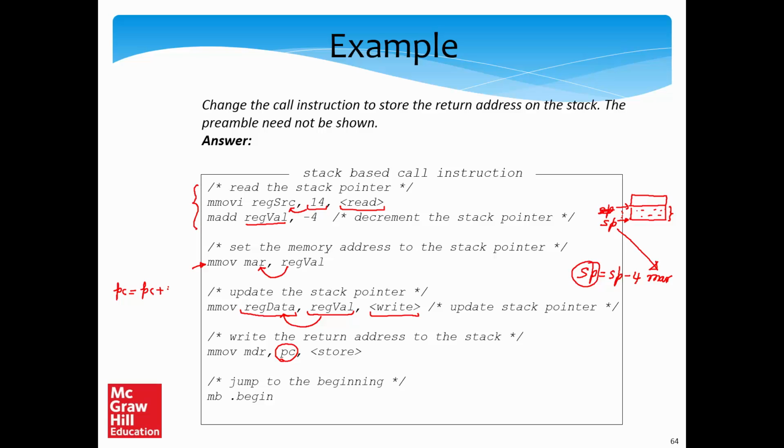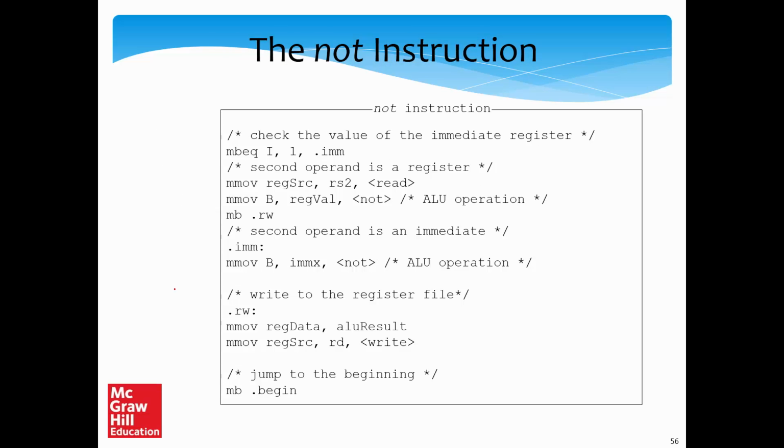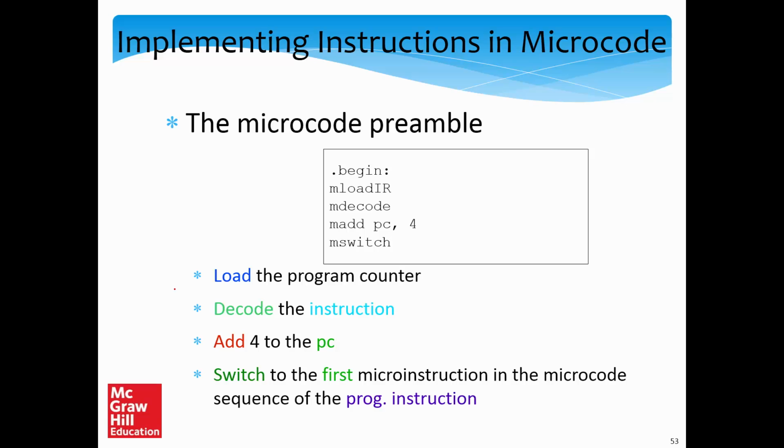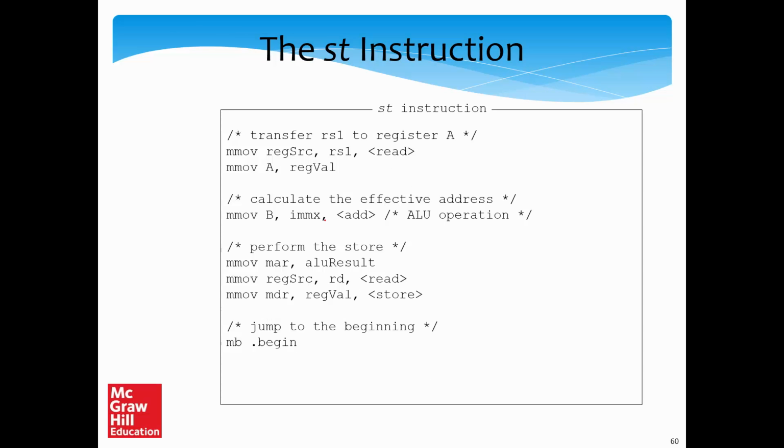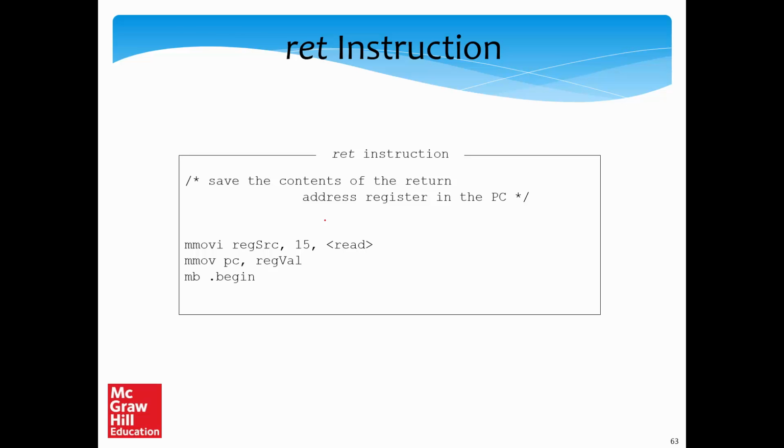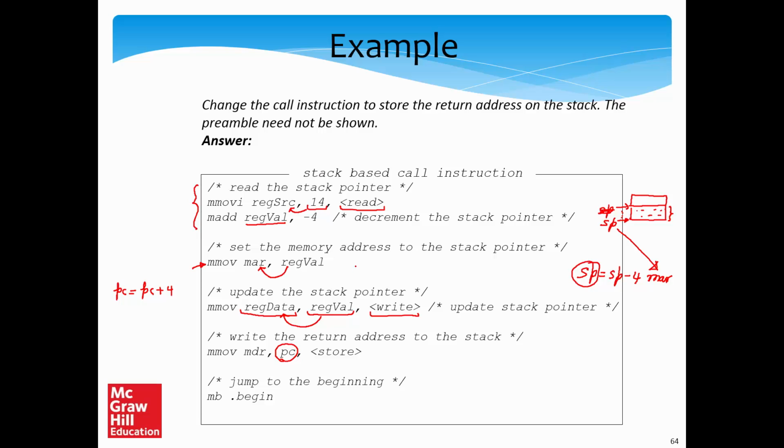Let me quickly go back to the preamble and show you. Yes, this is where we had madd PC 4. So we have already incremented this by 4, so this contains the return address.